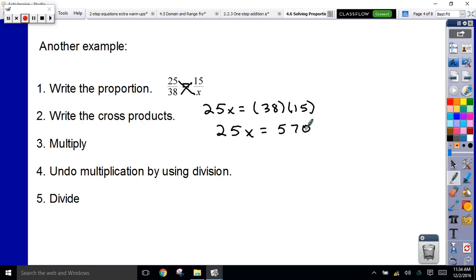Now what do I need to do? Bella? Divide by 25. Good. Divide both sides by 25. What I do, I get that x equals 22.8.